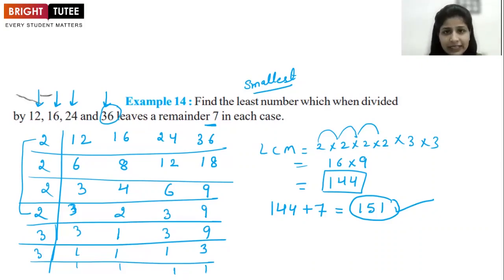We found it as 144. 144 is the number that is exactly divisible and leaves the remainder 0 when divided by 12, 16, 24 and 36. But what do I want? I want the remainder as 7. So I will add 7 to this number. So 151 is the smallest number which when divided by 12, 16, 24 and 36 will leave the remainder 7.